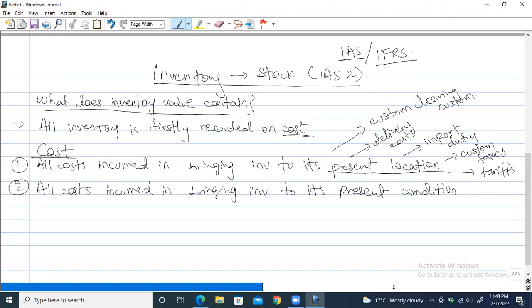It's an obligation for us to spend on all these costs, because if we don't, our inventory will not be accessible to us. We cannot bring it to the present location if we don't spend these costs. So the first question we ask is: all costs incurred in bringing inventory to its present location.